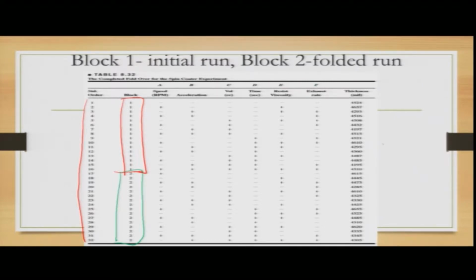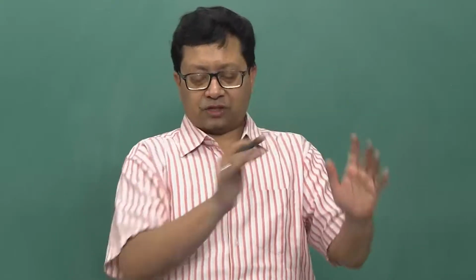They are given for one set, which is basically for the block. For example, block 2 means the second combination which you are taking, and 1 means the first combination we are taking.